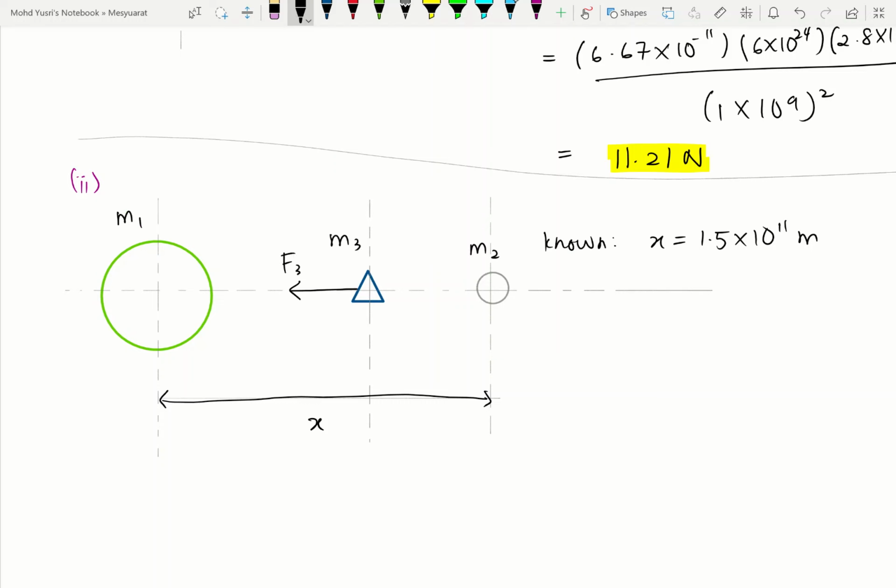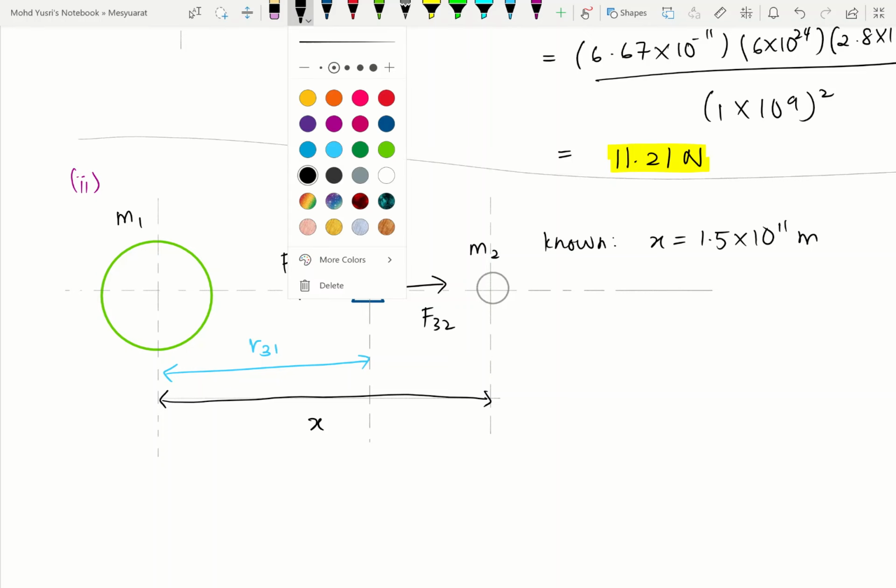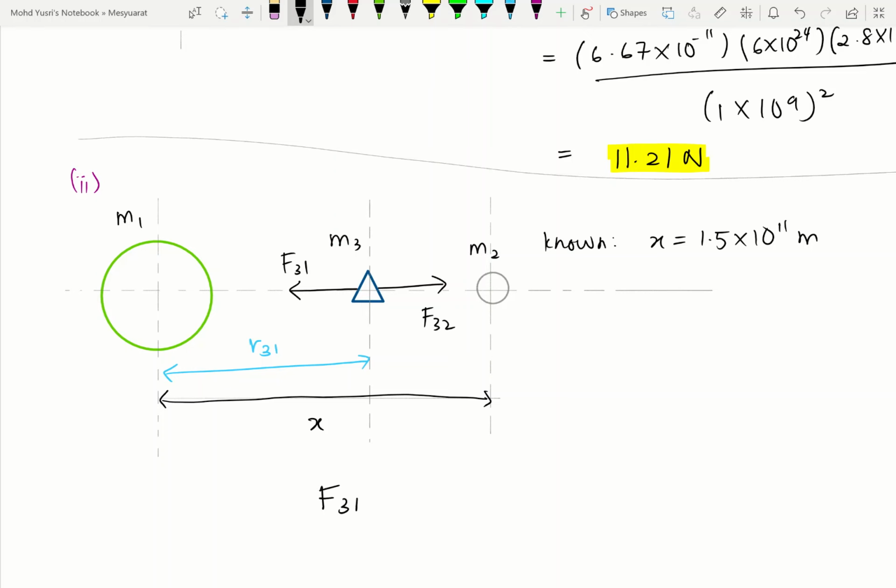So F31 to the left, and gravitational force on the rocket by the Moon is F32 to the right. We want to find the distance between the rocket and the Earth, R31, when the force F31, soalan yang beritahu, is equals to F32.